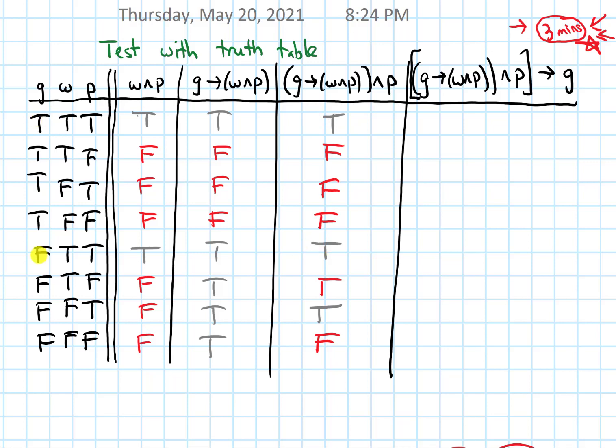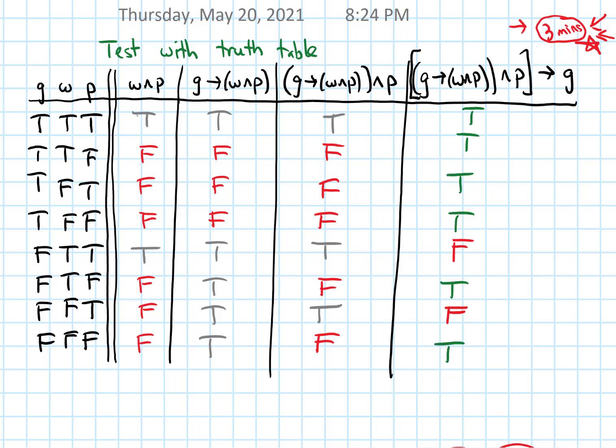This is true and that's false. So that would make the implication false. And then this was a true, oops, I forgot to finish this F here. Okay, and then this was true, and then G was false, which means the implication is going to be false. But the rest of these are all true. True, true, true, and true.